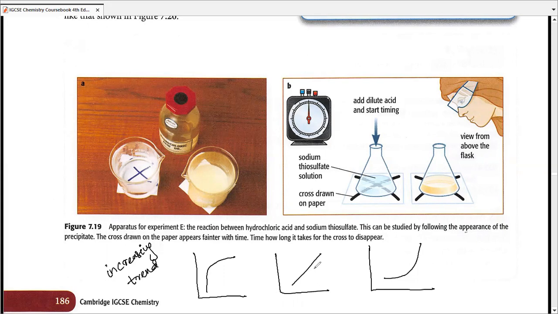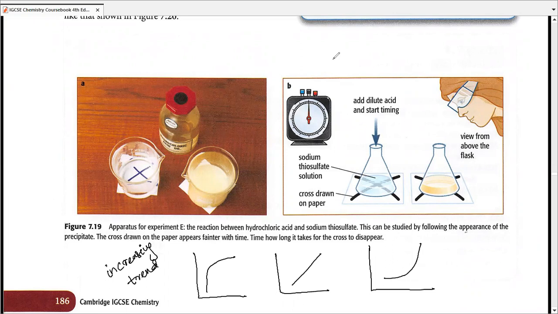That's like a car moving with uniform speed, not velocity. And the last one, the extreme one on the right, gives you an idea that we are slower in the start, but we exponentially increase our pace towards the end of the experiment. So this is an increasing trend graph. There can be three kinds of increasing trend graph.